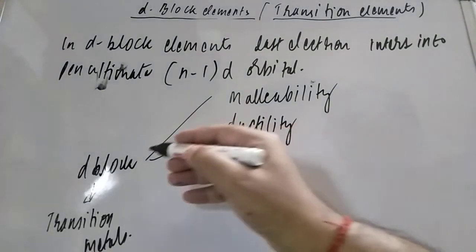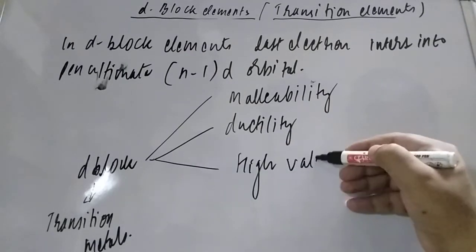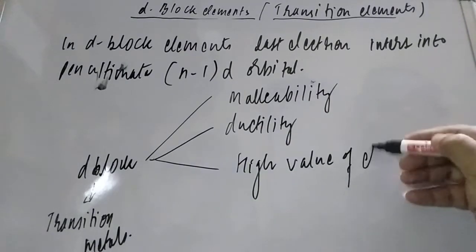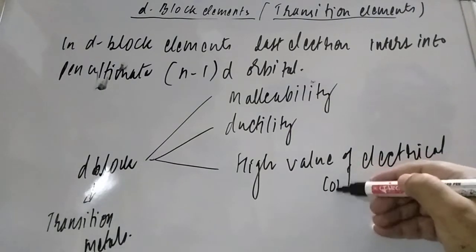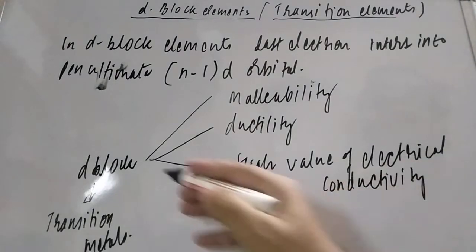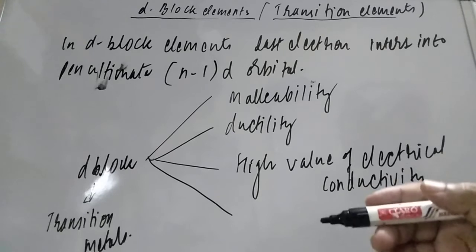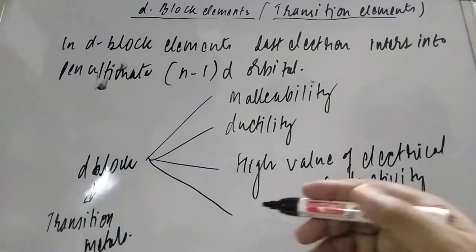The next one is the high value of electrical conductivity. They have high electrical conductivity because of the presence of unpaired electrons, and they also show the properties of metals. They also have thermal conductivity, and the last one is tensile strength.